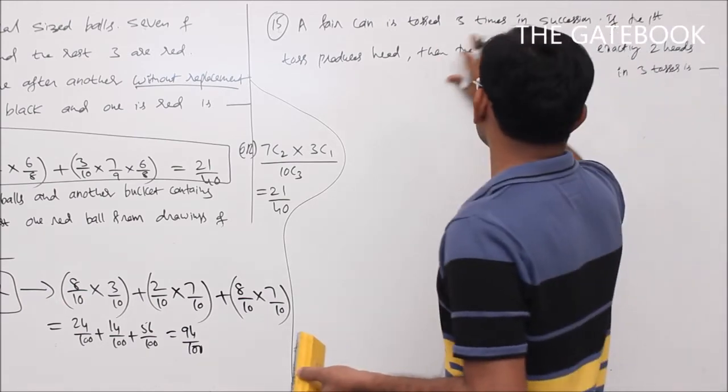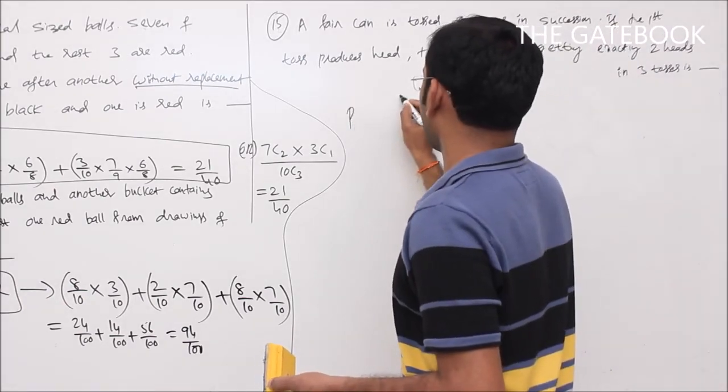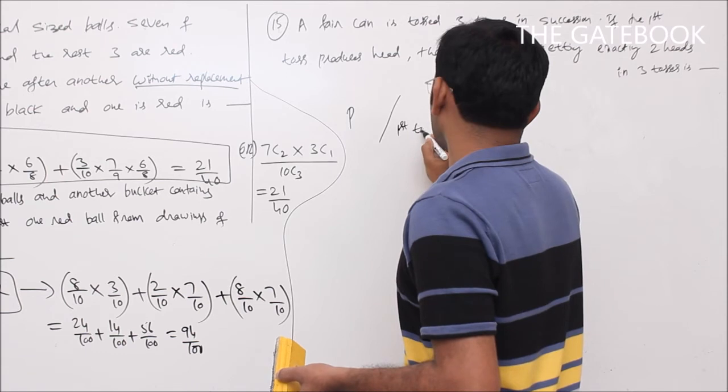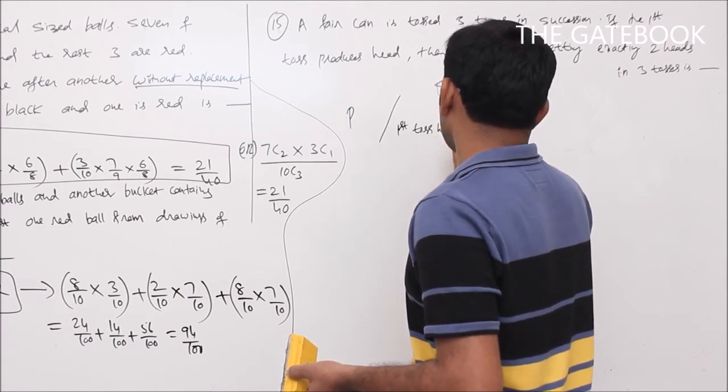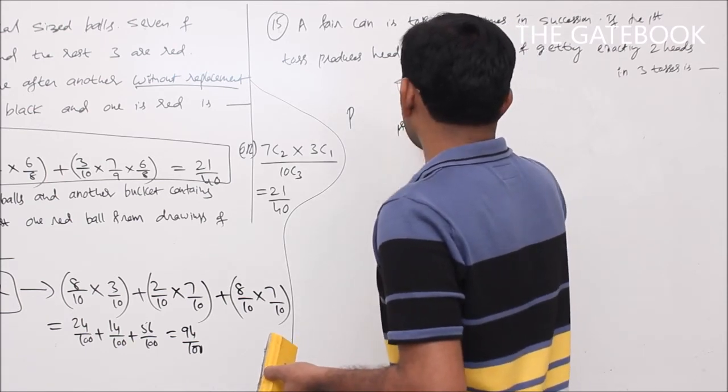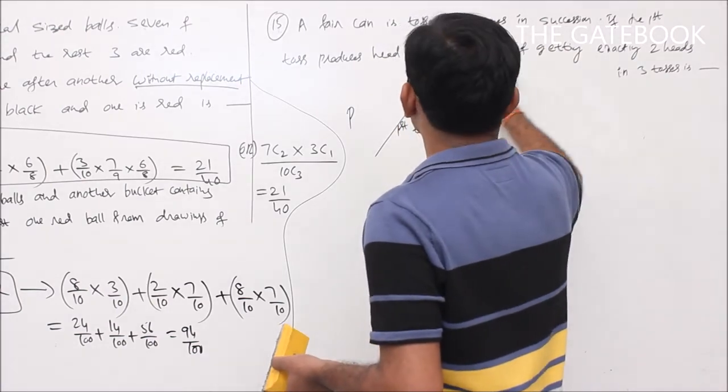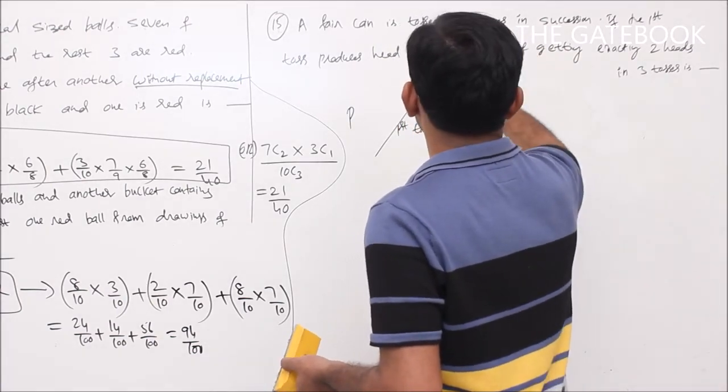What about the first toss must be head? So probability of first toss head and getting exactly 2 heads in 3 tosses.